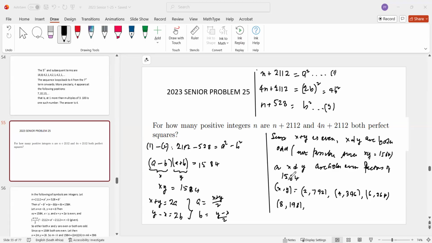And 10, of course, doesn't go, but 12 does. 12 times 132. 14 doesn't go into it, but 16 does. But 16 times 99 doesn't work. You want both of them to be even. So 16 doesn't work.